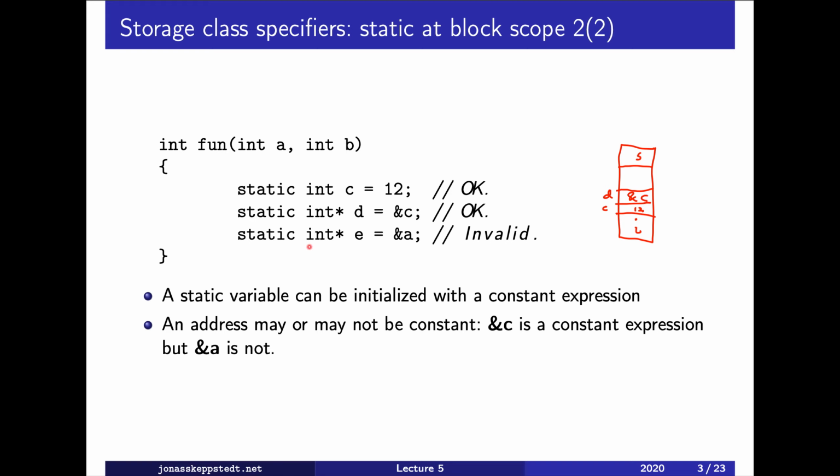But E, it's also a static variable, and A, well, it is somewhere here. And what is the address of A? The address of A is the stack pointer plus an offset.